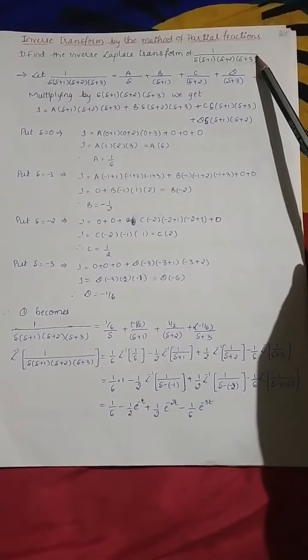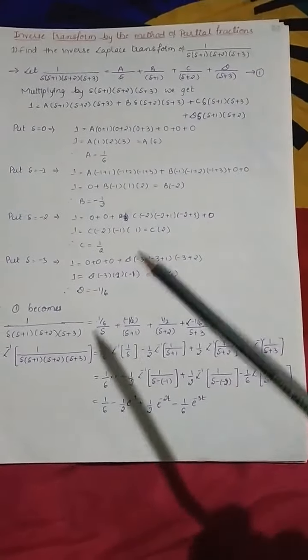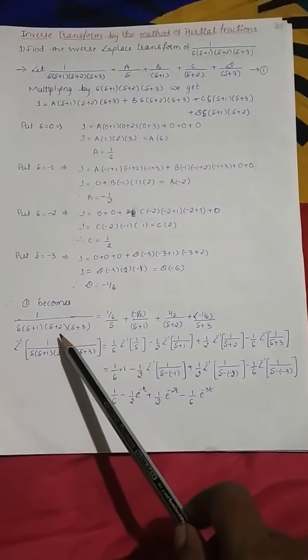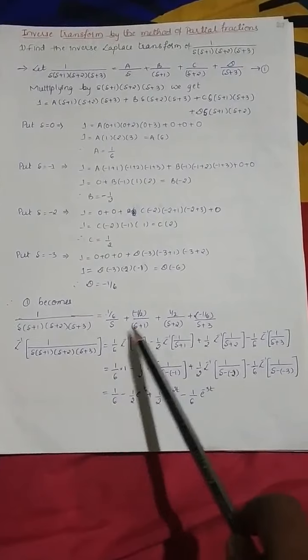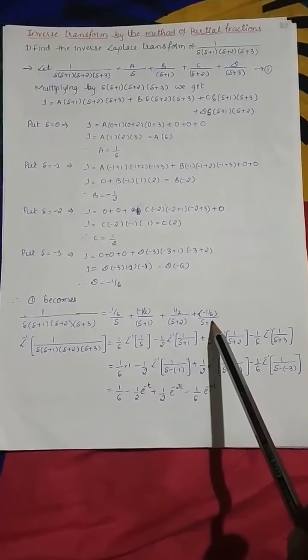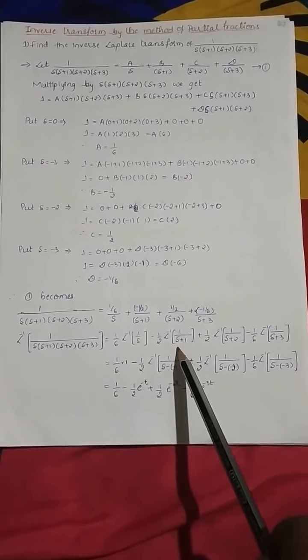Therefore, we are finding the inverse Laplace transform of this term by using the partial fraction method. That means we have reduced the given function to this form. Whatever form we have obtained, it is easy to find the inverse Laplace.